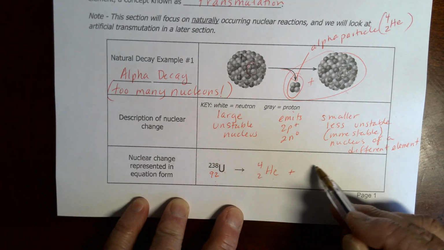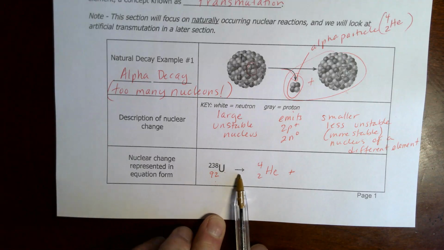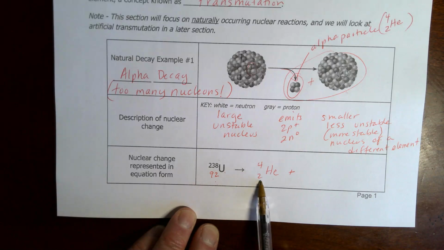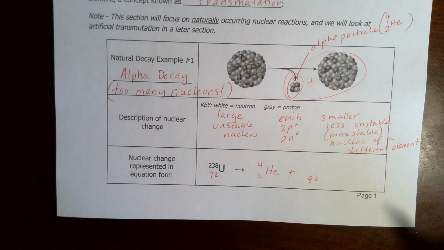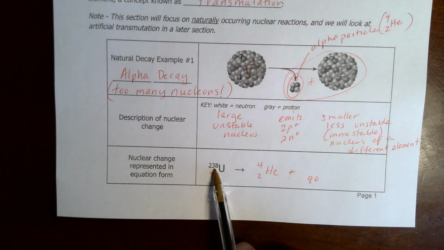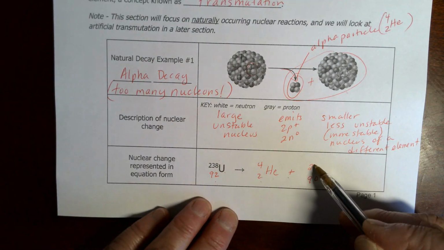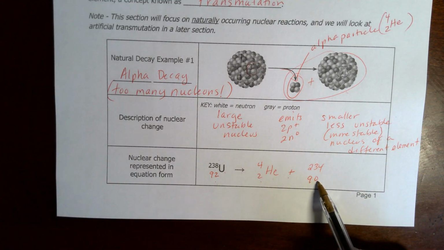Now, what is this other thing? What element is it? Well, this is where you have to do some simple arithmetic, as long as you consider that this arrow is an equal sign. 92 is equal to 2 plus something, so that has to be 90. The mass of 238, now it's 4 nucleons lighter, so the resulting mass is 234. We can identify this element.